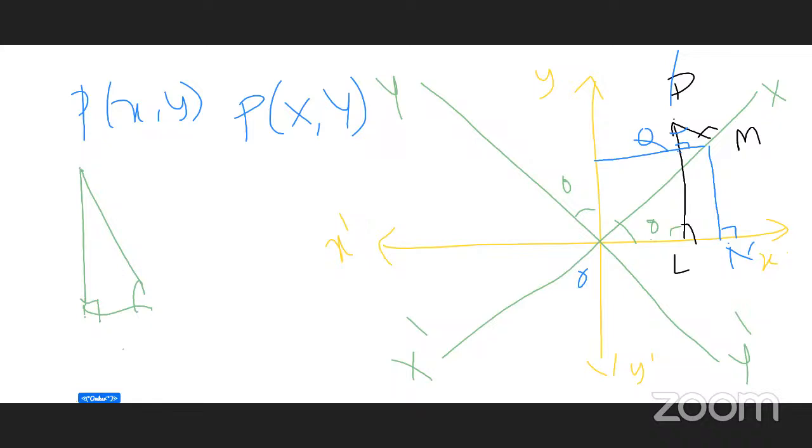What can we do? We can use trigonometric ratios.